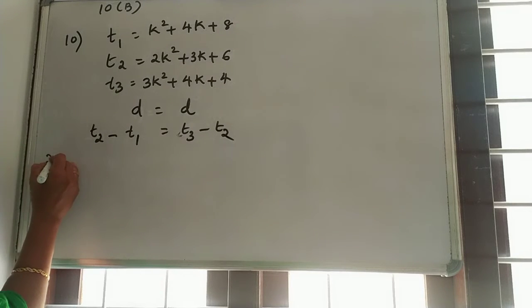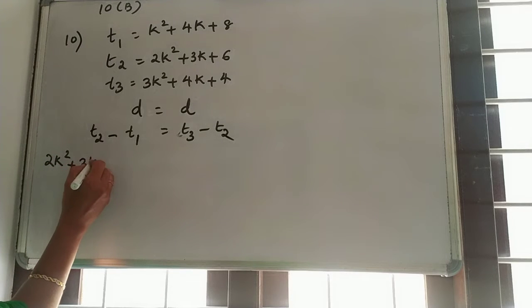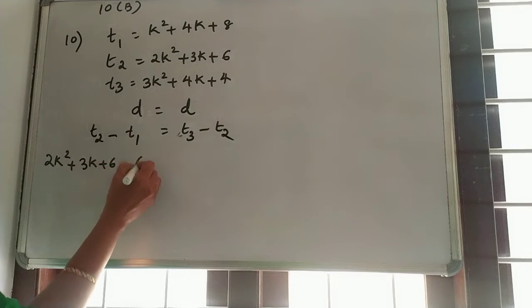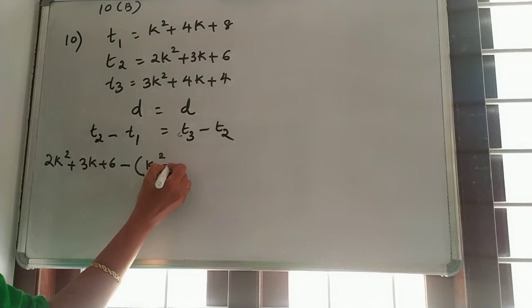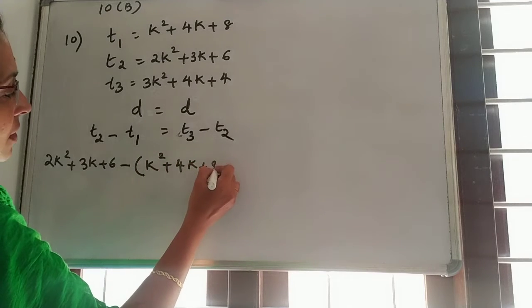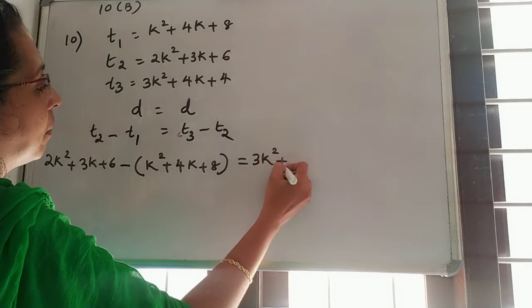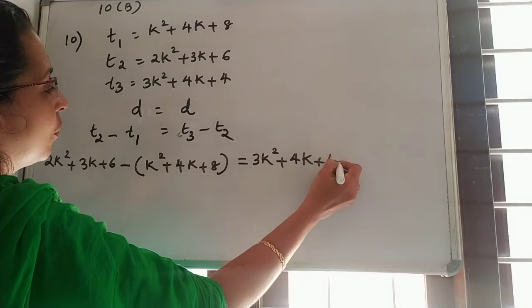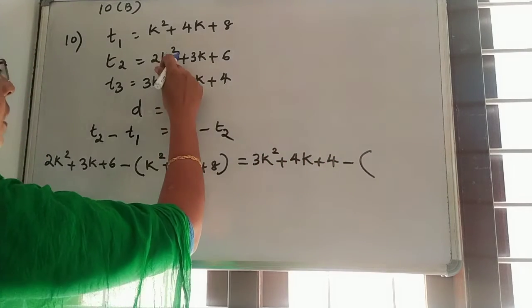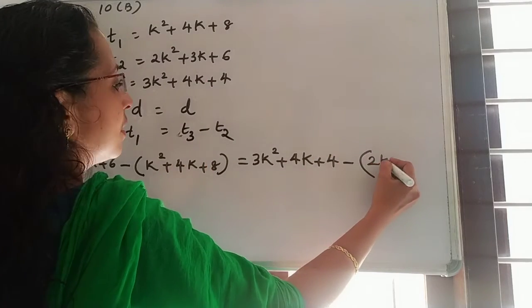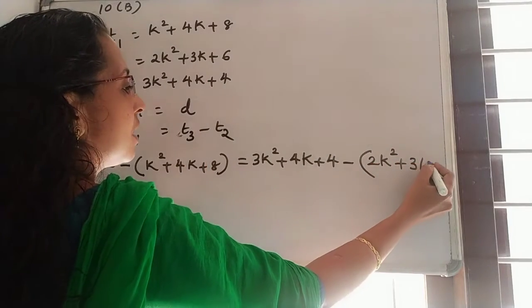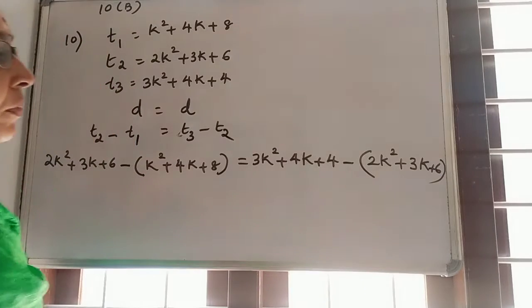So how can we write T2? 2k square plus 3k plus 6 minus of T1, k square plus 4k plus 8, will be equal to T3, 3k square plus 4k plus 4, minus of T2, 2k square plus 3k plus 6.